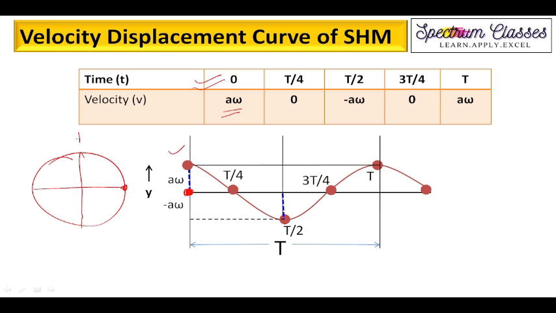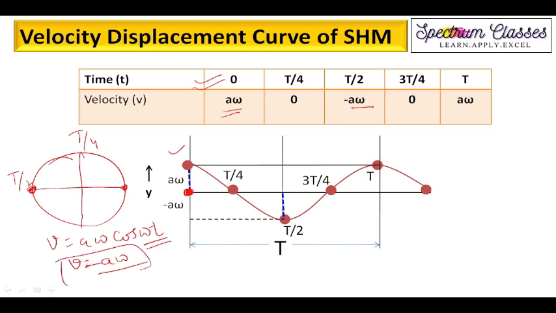If my particle is here at t by 4, then our velocity will be equal to 0, because cos pi by 2 is 0. And when my particle is here at t by 2, then my velocity will be minus a omega, because v is equal to a omega cos omega t, and at pi, cos is equal to minus 1. So v is equal to minus a omega. Here I have drawn this.